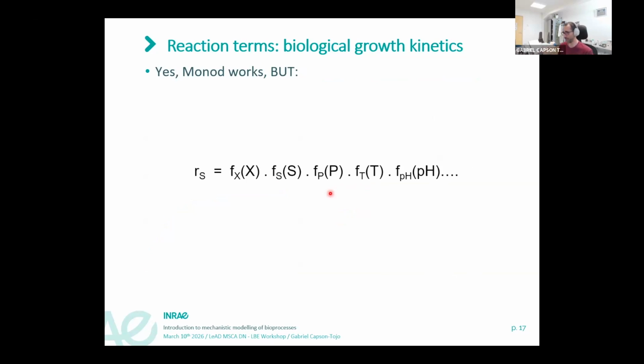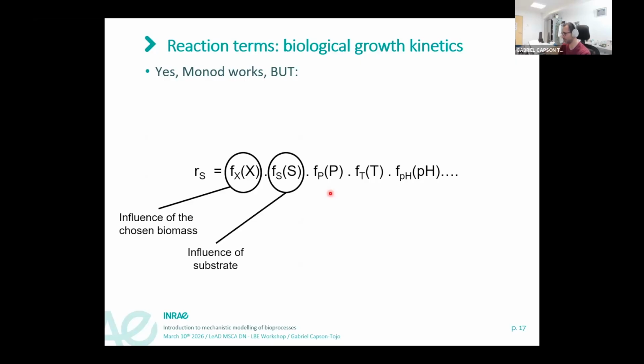So Monod works, fair enough, but there are many things to consider, and you might know them already, but there are many things that affect our growth rates, not only the substrate. So of course, you have the biomass. As I was saying, in Monod, you have the biomass concentration, already considered that. You have the substrate, which again is in Monod. But in some cases, you can have product-induced inhibition.